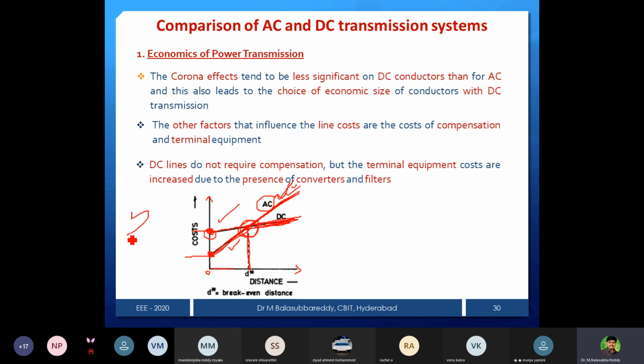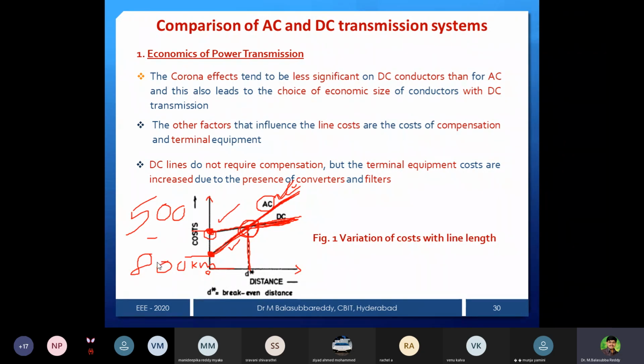Nearly 500, or let it be 500 to 800 kilometers, after which DC transmission is preferable when compared to AC transmission. So that's the break even distance.